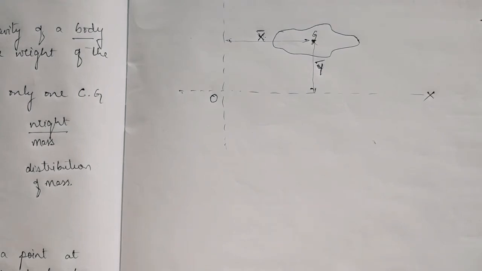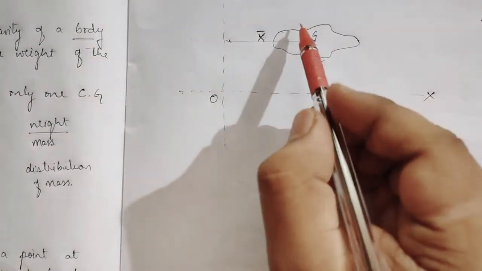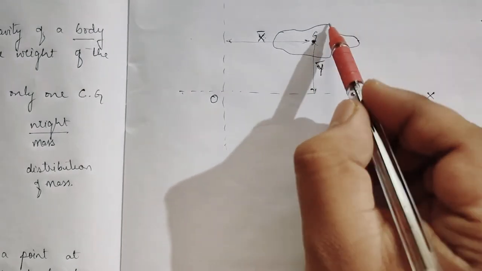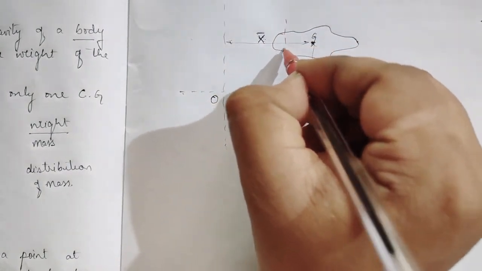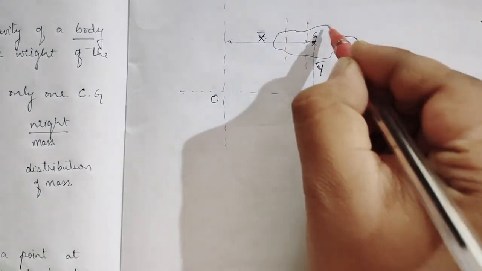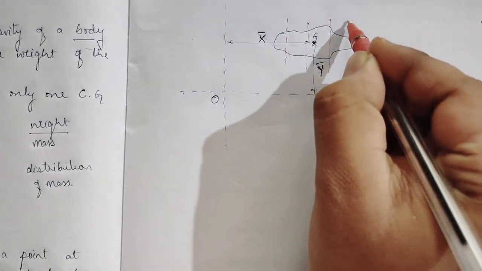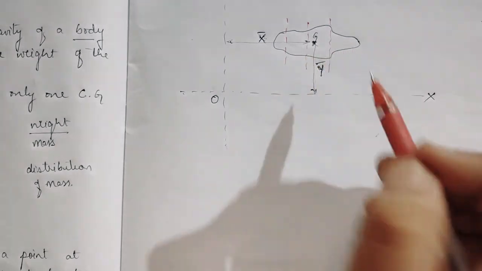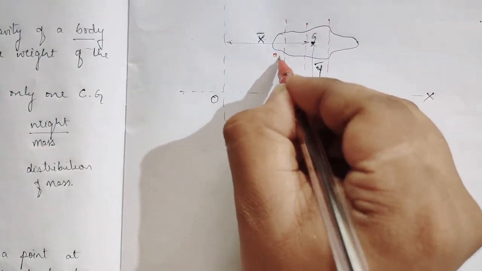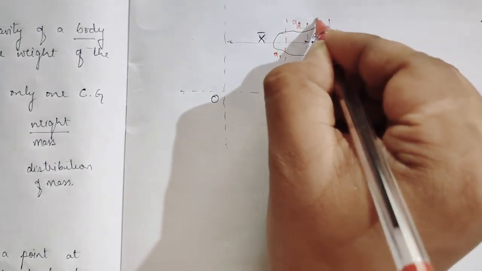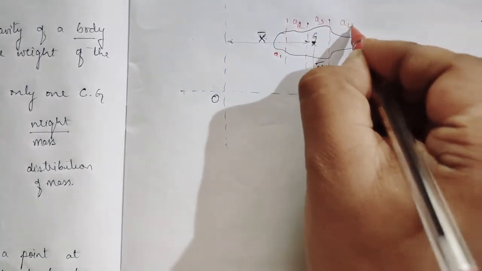Now what I did, I divided this area into 4 parts. See here, 1, 2, 3, 4. So 4 parts. Let these be the areas A1, A2, A3 and A4.